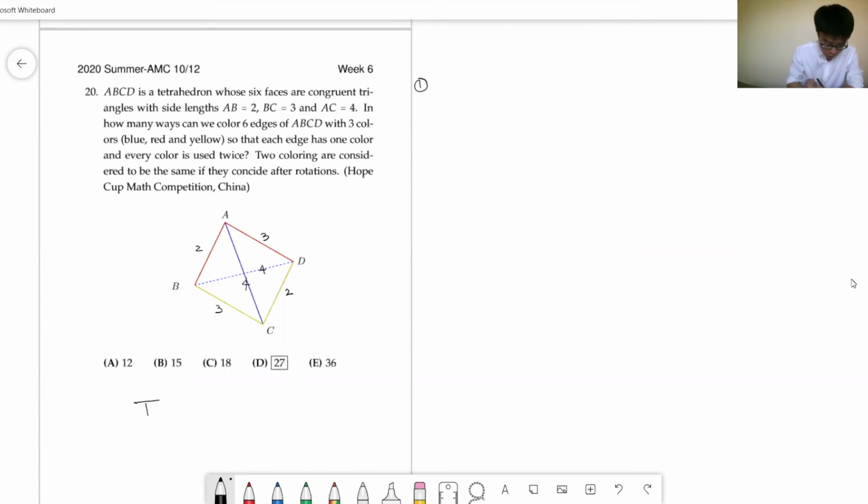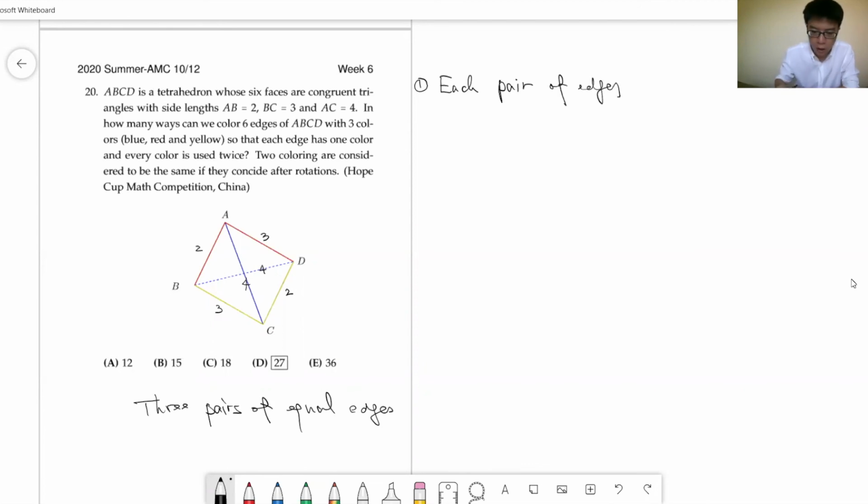We have 3 pairs of equal edges. But these different pairs have different edge lengths. So first, let's discuss that each pair of edges are colored the same.